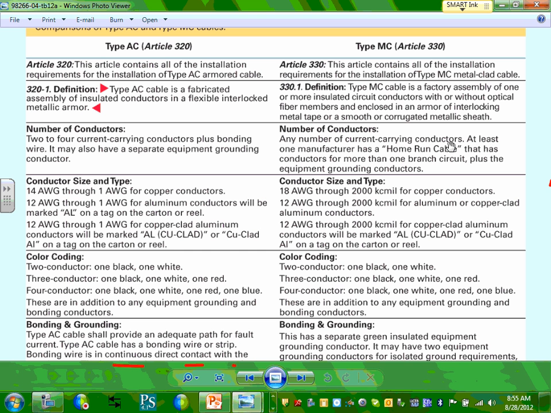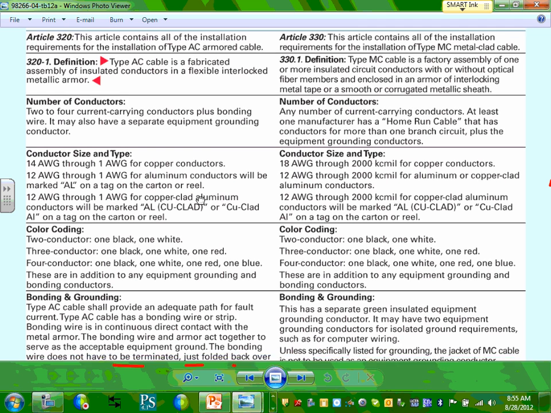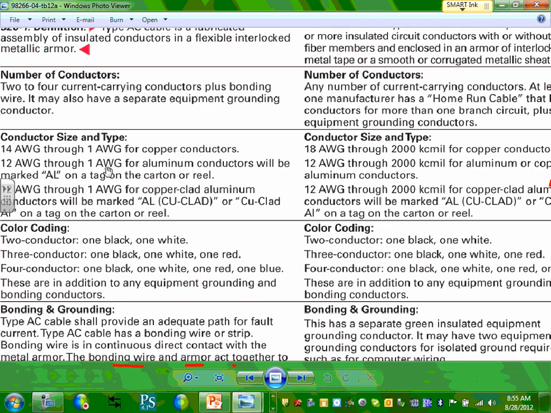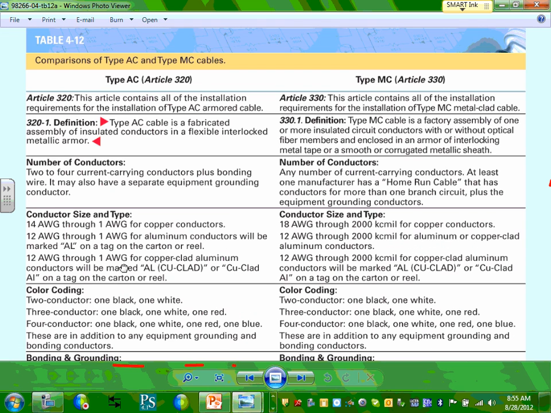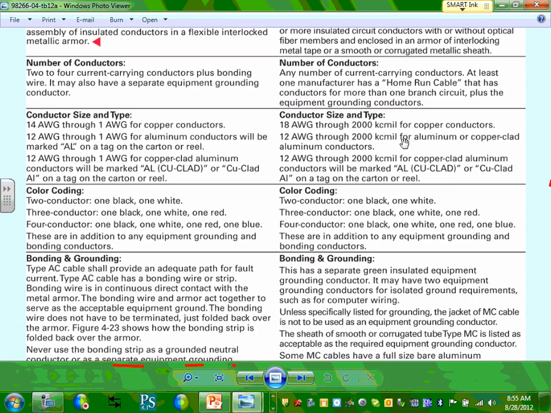So you can have a lot of conductors. Look at the sizes. Can you guys see, Darren? Can you see the difference between MC cable and AC cable in terms of sizes? Can you guys see that MC cable can go up to 2,000 kcmil versus AC cable is only limited to number 1? Make sense?